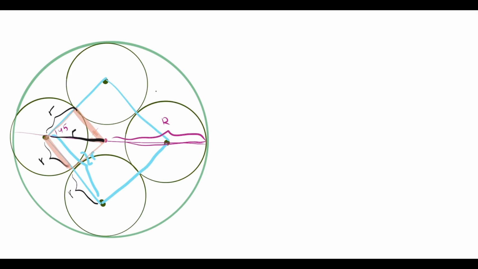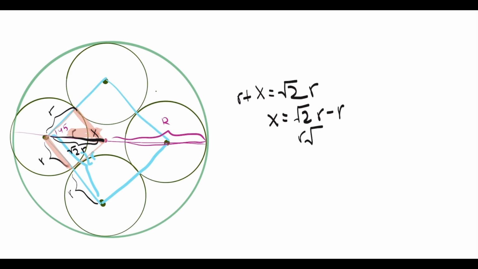So r plus x is also equal to square root of 2 times r. So r plus x equals square root of 2r. x would equal square root of 2r minus r, or r times the quantity square root of 2 minus 1.